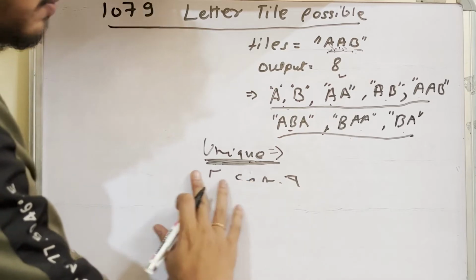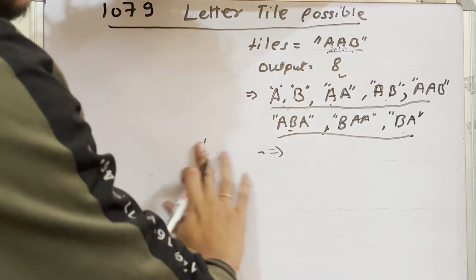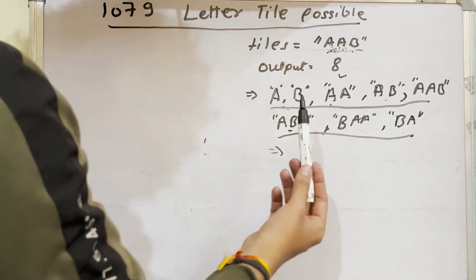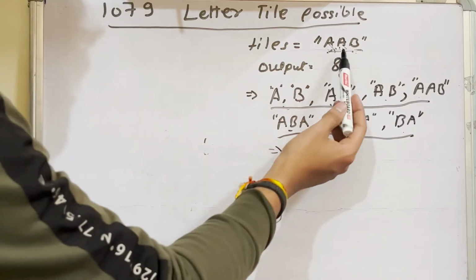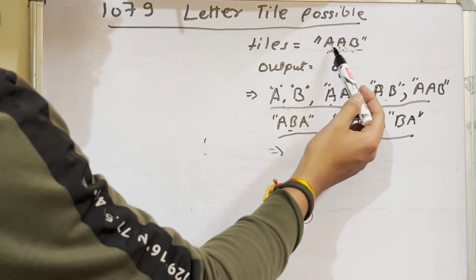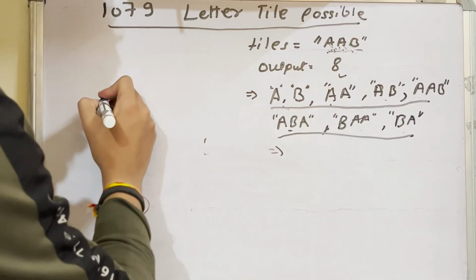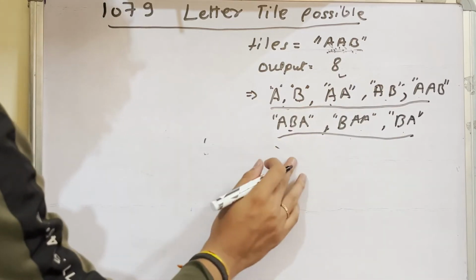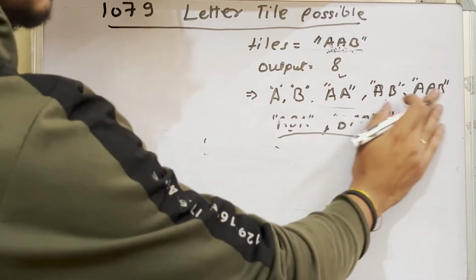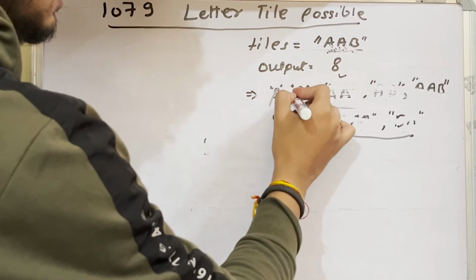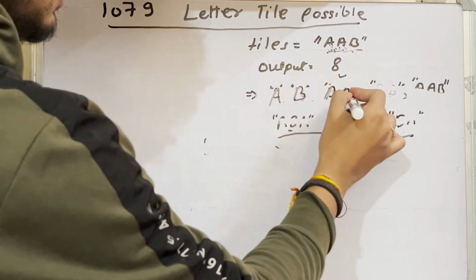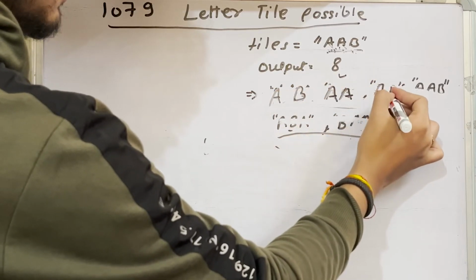We will use a set. Simply what we'll do, we'll create a set and we will create an array, or we will check if we are taking these characters or not. For example, let me write this, because I think we need this. Let me write it again if we need it.